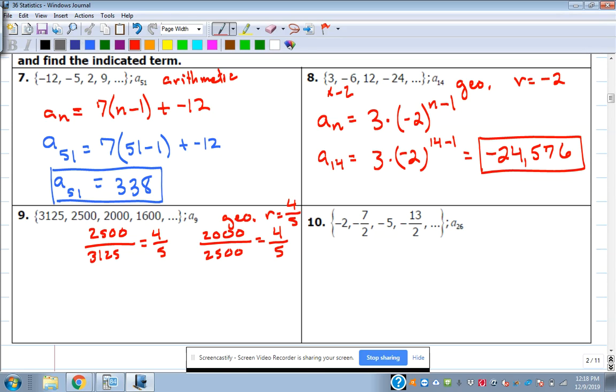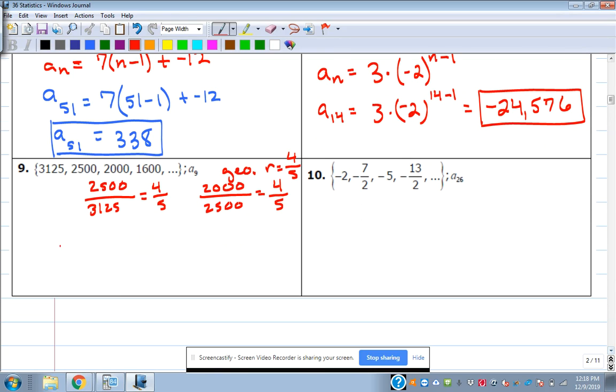So when we write the formula, first term is 3125, common ratio is 4/5 to the n minus 1. We want to find a sub 9.